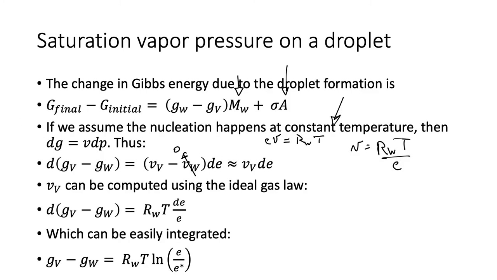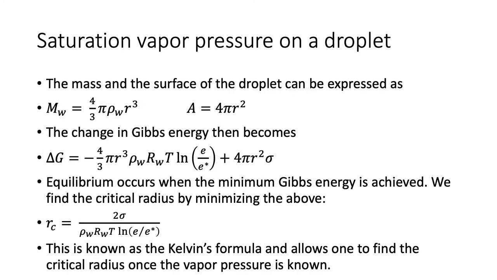Here, now we assume that the droplet is a perfect sphere and it has constant density. In that case, MW, the mass, is simply 4 over 3 pi r cubed, the radius of the particle, times the density of liquid water, and the area is 4 pi r squared, where r is the radius of the droplet.